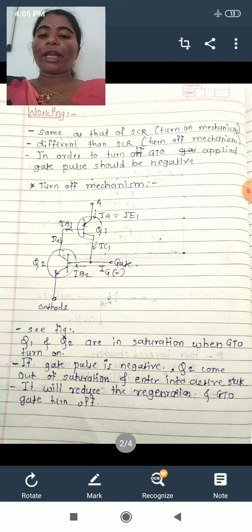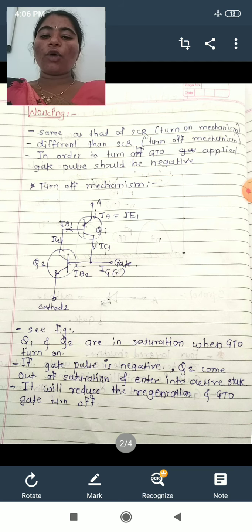Both transistors are connected, and this connection is called the two transistor analogy. This connection forms alternate P and N layers, and these layers form the structure or construction of the SCR.